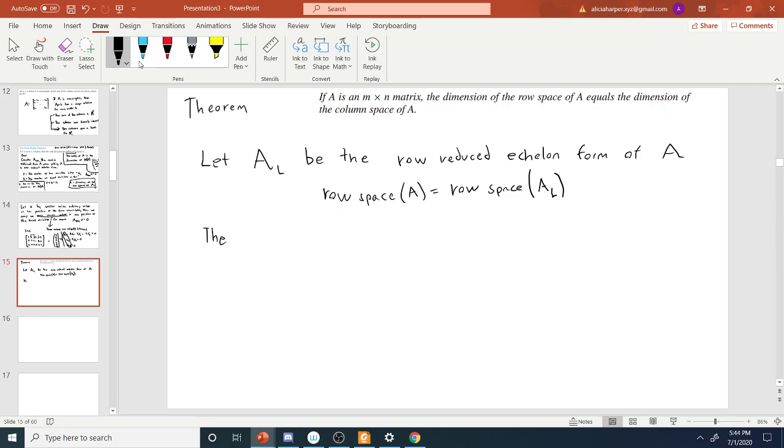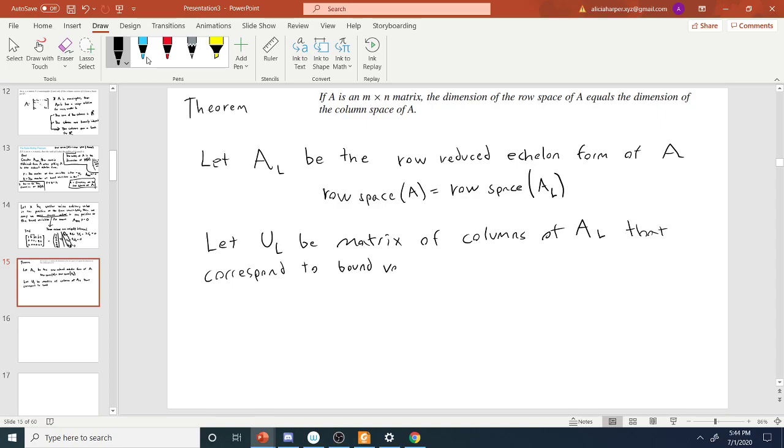Let U_L be the matrix of columns of A_L that correspond to bound variables. So here's what we learn.